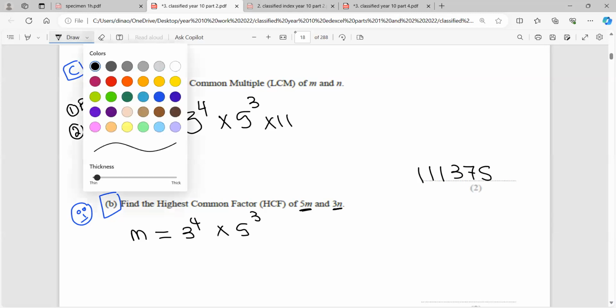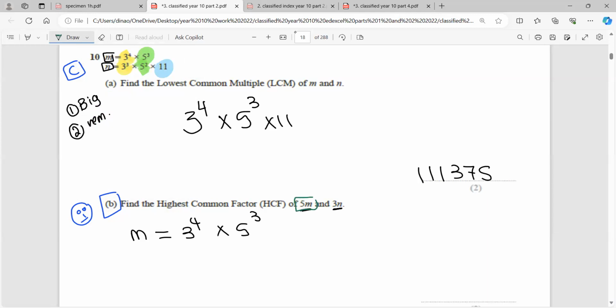It says it doesn't want 1m, it wants 5m. What does 5m mean? It means I multiplied by 5 here, so I must multiply by 5 on the other side. How do I change this into 5m?